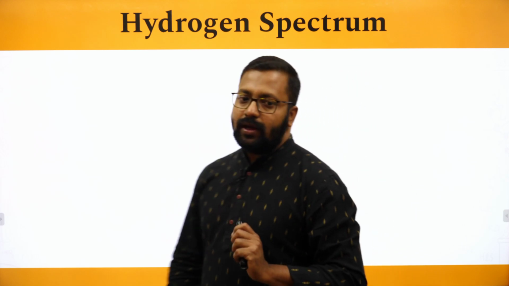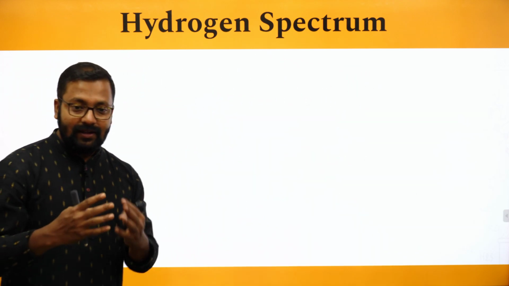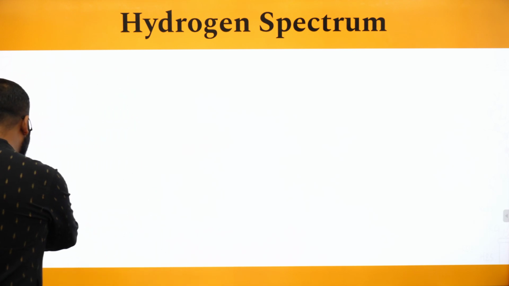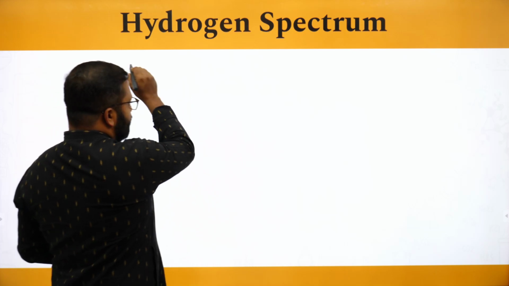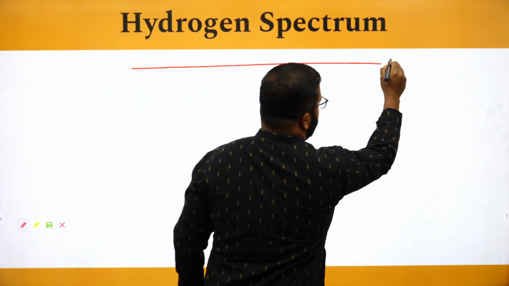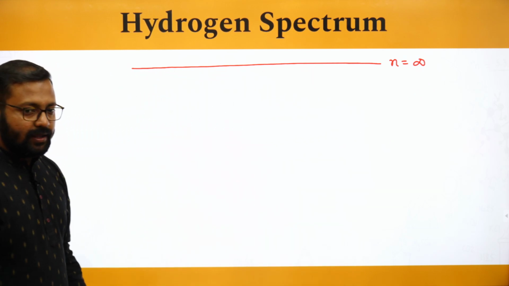I wanted to tell you guys how these energy levels are arranged. Let me explain this very quickly. Let's say this is n equals to infinity.